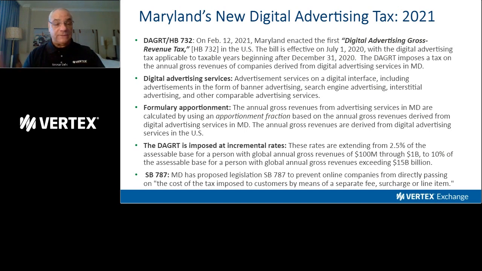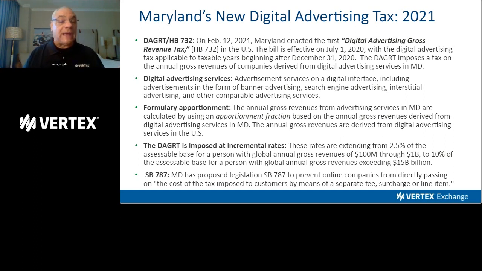And what it does, as you can see on the bullet, it literally taxes digital advertising applicable to certain years beginning after December 31st, 2020, and it imposes a tax on the annual gross revenue of companies derived from digital advertising in Maryland. It sounds interesting, right? Because it says in Maryland, but in reality, it is not. We'll take a look at that in the third bullet.